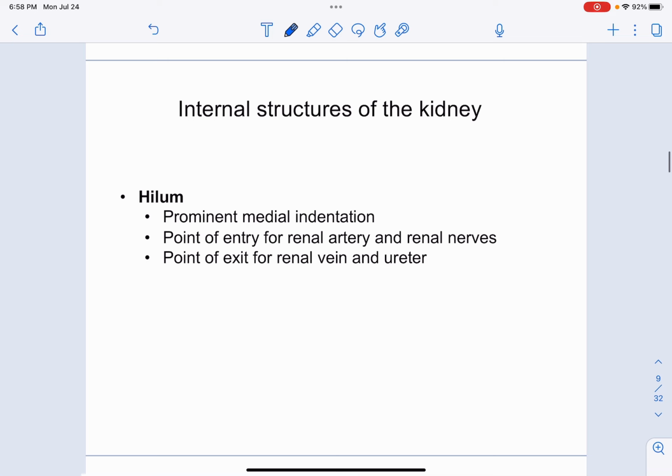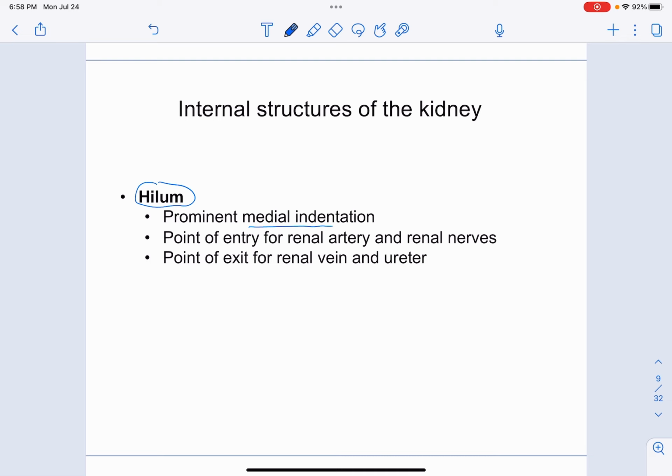All right, so let's start talking about the anatomy of the kidney. And I'm going to bring back this word hilum. I introduced hilum to you when we were talking about the lungs. The kidneys also have a hilum. So this is a prominent indentation on the medial side of the kidneys.